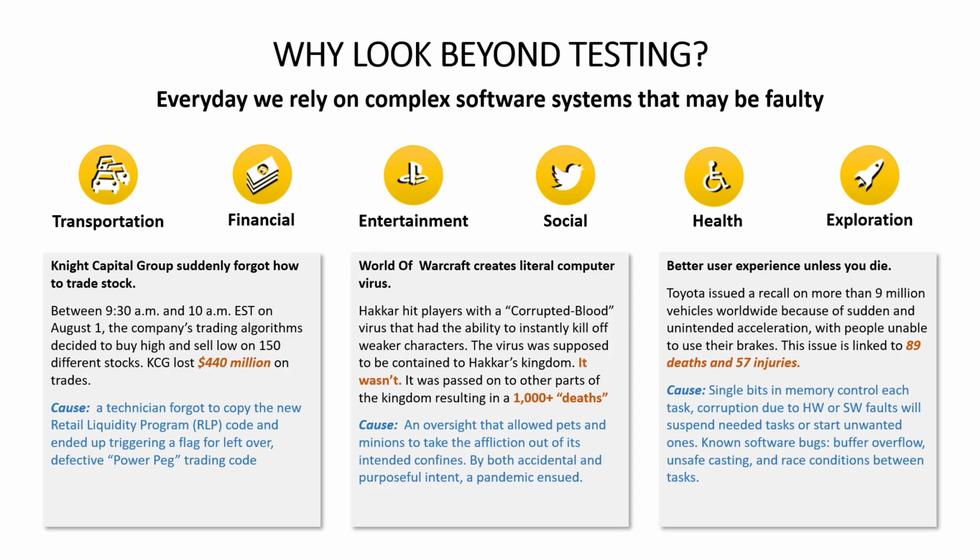So here are some examples of everyday systems that might fail and that might be faulty. There are some popular examples from the financial trading industry, the Knight Capital Group. They had a bug in their system.